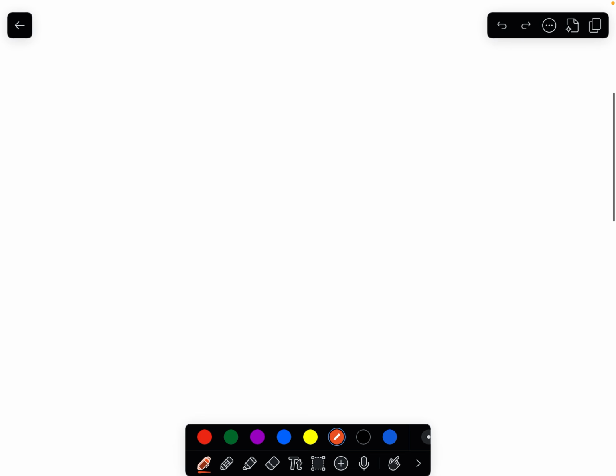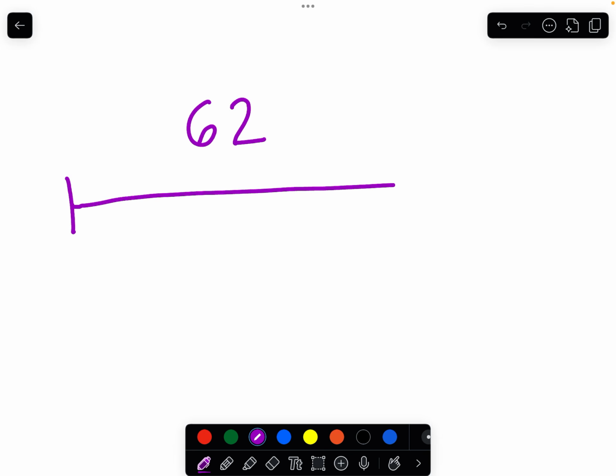Let's try another number. Let's do 62. Again, let's put up a visual. Now think about it. Which two tens is 62 between? If you thought 60 and 70, you would be correct. And about here is 65.